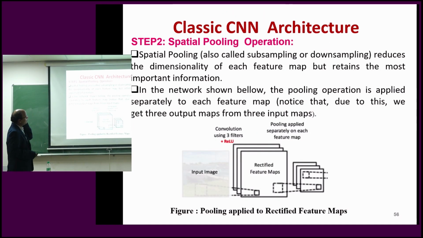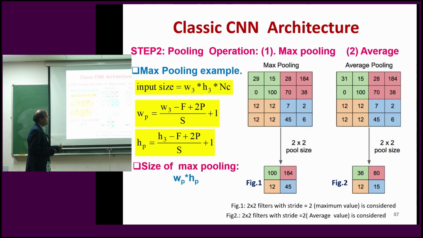Then do the pooling. In pooling operations, there are 2 types: max pooling and average pooling. Again, this is what it does. In max pooling, the kernel size will be 2 cross 2, and stride will be 2. In the previous case you saw stride 1, right? So 2 cross 2, first taking the maximum feature value. If you see the matrix here, in the first 2 cross 2 window the maximum feature value is 100, right?